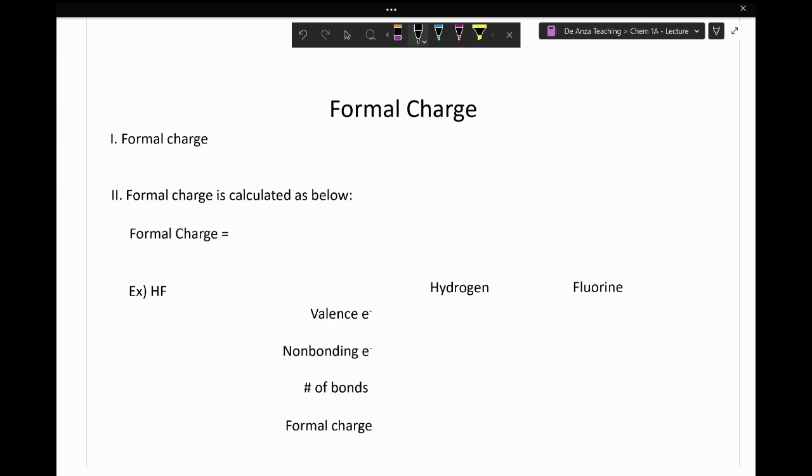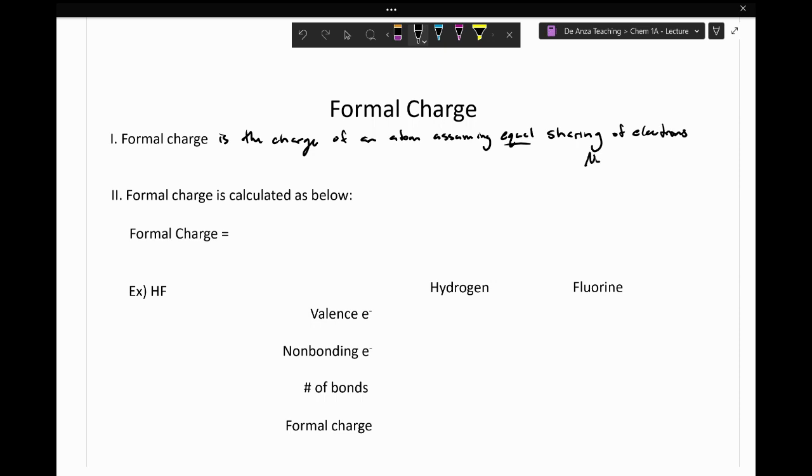And so formal charge by definition is going to be the charge an atom adopts, so each of our different elements, of an atom, assuming equal sharing of electrons. And then to be clear, this is not an actual charge.